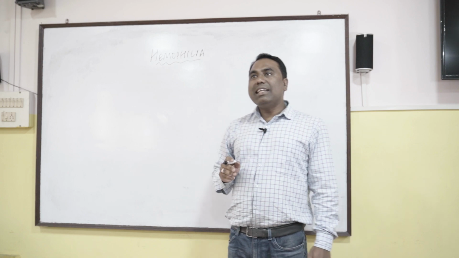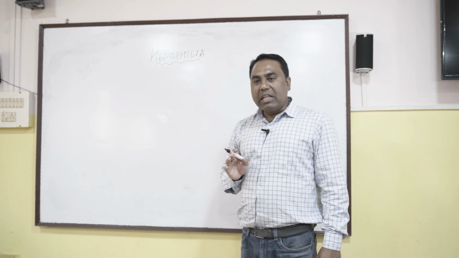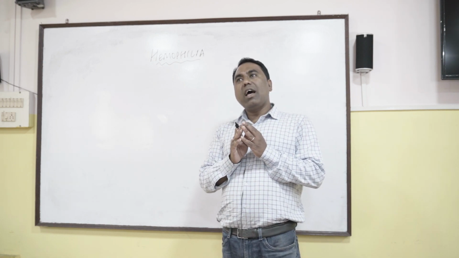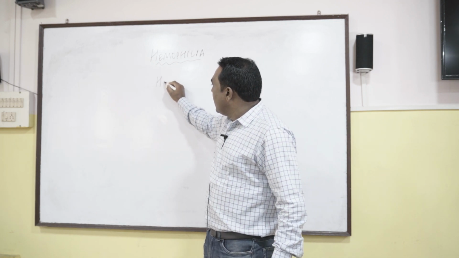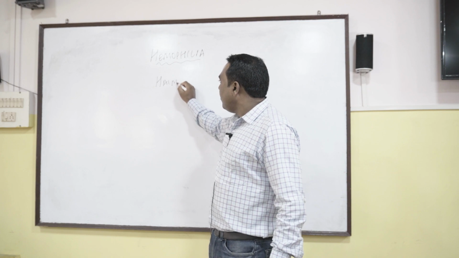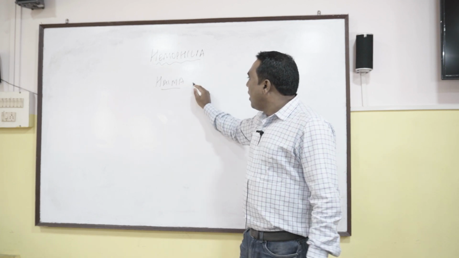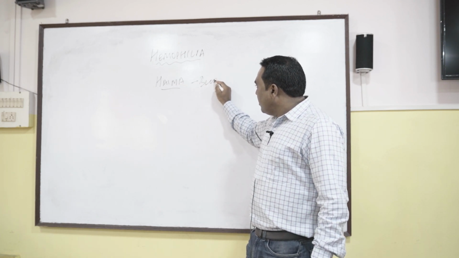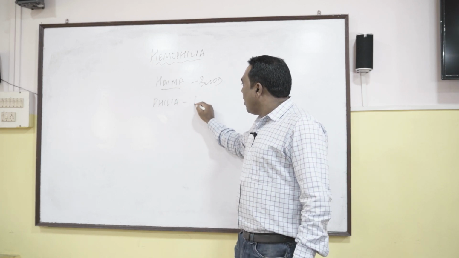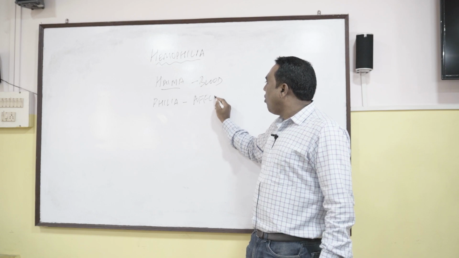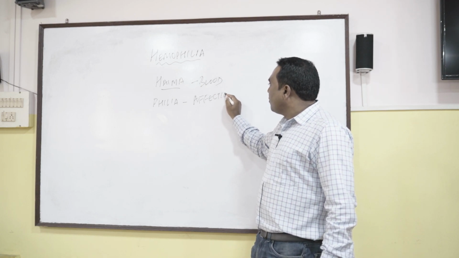When we talk about hemophilia, the word hemophilia actually comes from two Greek words, hema or haima, as we say, meaning blood, and philia, meaning affection or lust for the blood.